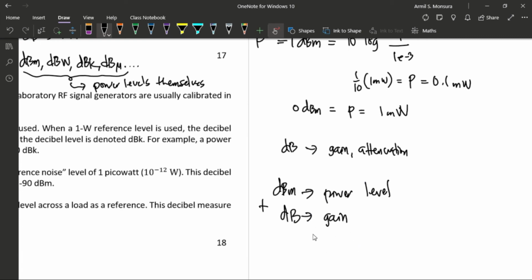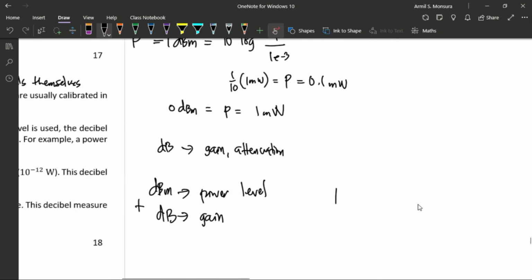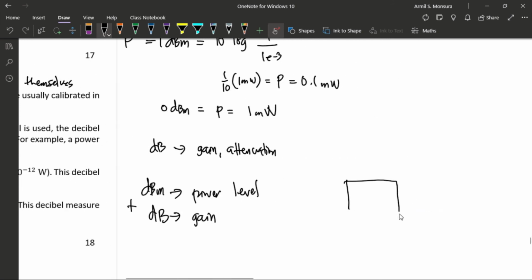Say for example, in a circuit with a power input of 10 dBm, the circuit provides a gain of say 30 dB.